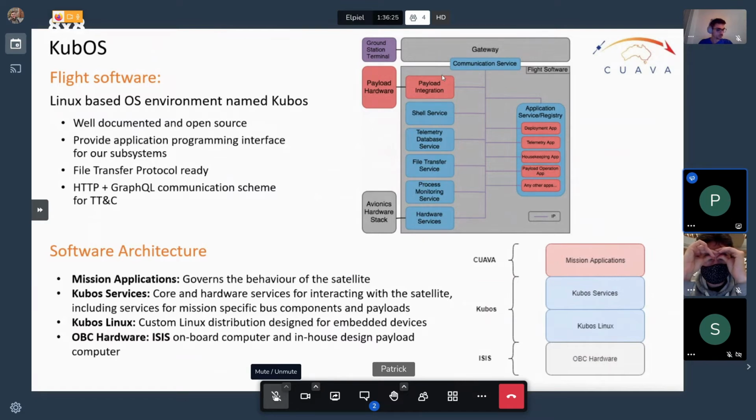Generally the KubOS system supports Python and Rust, but because the iOBC doesn't support Python, that's the main reason why we originally went with Rust.